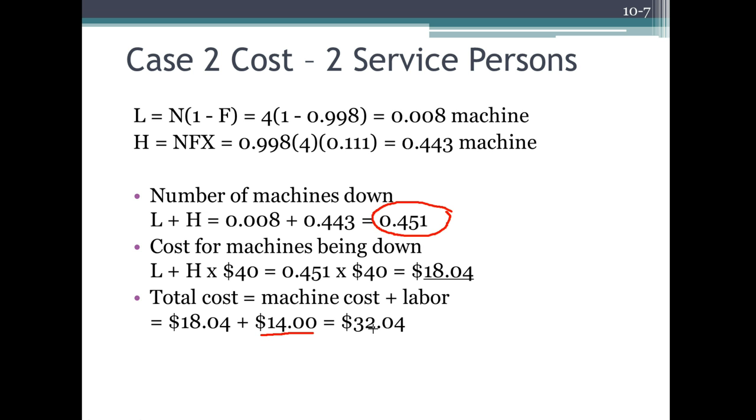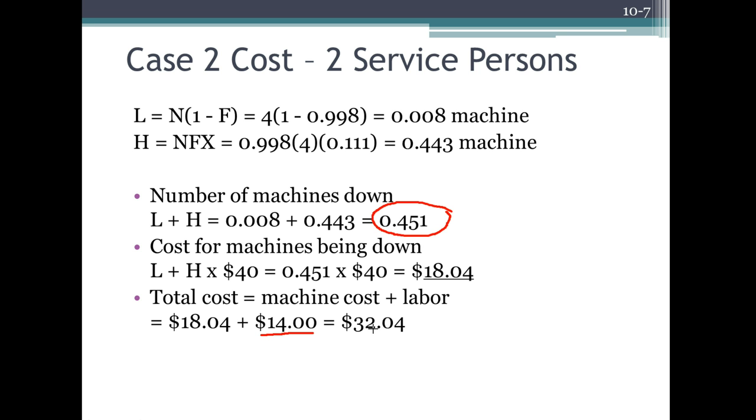The incremental cost of a second service person is $1.32 per hour. And the percentage of the machines down becomes 11.3%. As the manager, you'll decide whether this incremental cost is worth the number of machines being out of commission or not. That's where the decision making comes in.